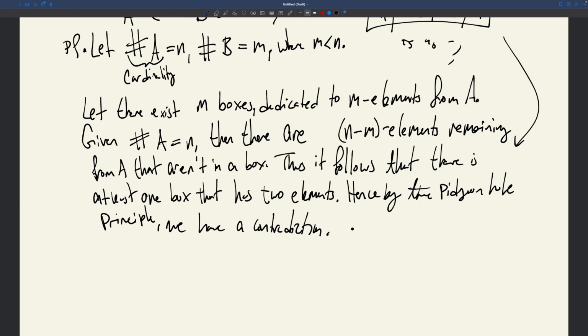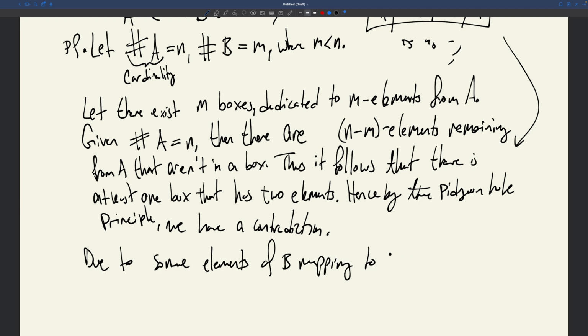And I could explain this a lot further by saying it is due to some elements of B mapping to 2 plus elements from A. God, my handwriting is becoming messy. There we go. And I'm just going to write this here. Cool.